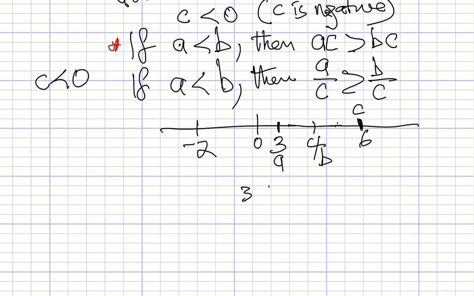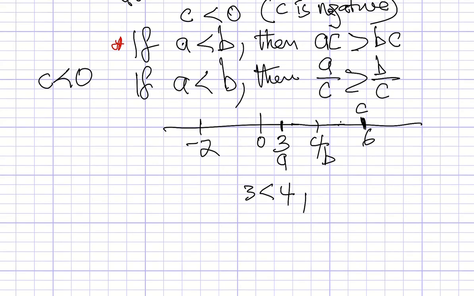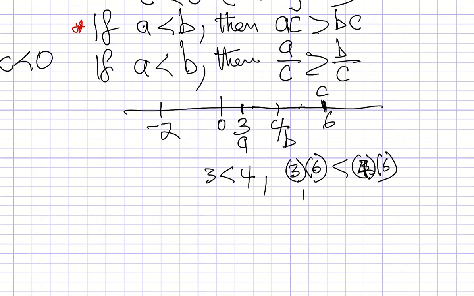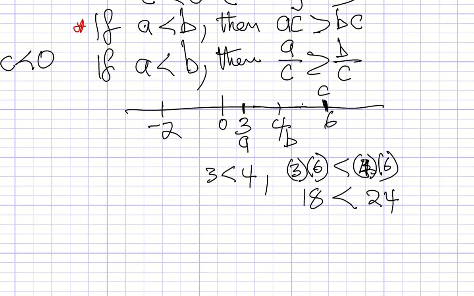If 3 is less than 4, and you multiply both sides by 6, what do you get? 3 times 6 is less than 4 times 6. 3 times 6 is 18, and 4 times 6 is 24. You can see that it holds true when 6 is positive.